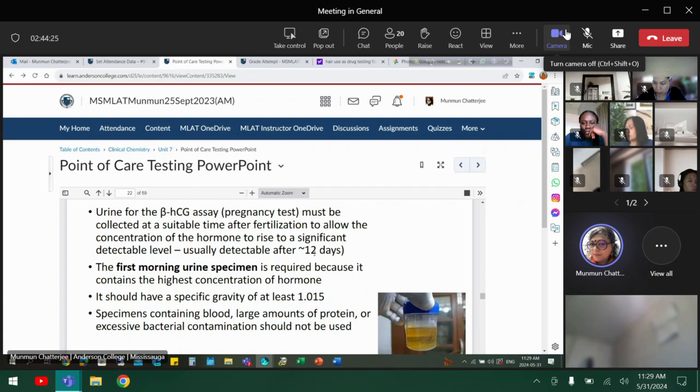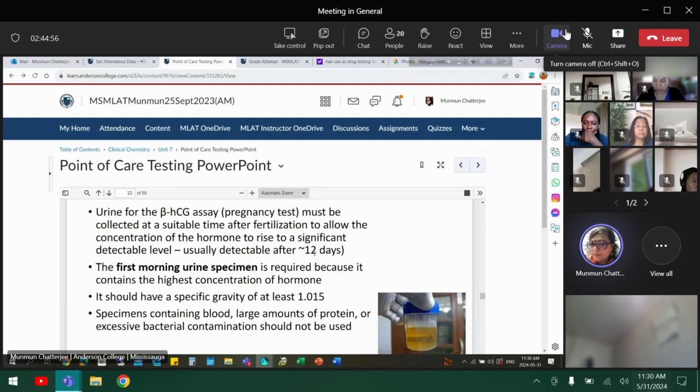For a beta HCG pregnancy test, it is always better to do the first morning urine, because first morning urine is the most concentrated one. Sometimes in the daytime you are drinking and peeing too much, so it sometimes gets diluted. In general, for any type of urine test, to see whether an analyte is present or not, morning urine is preferable.